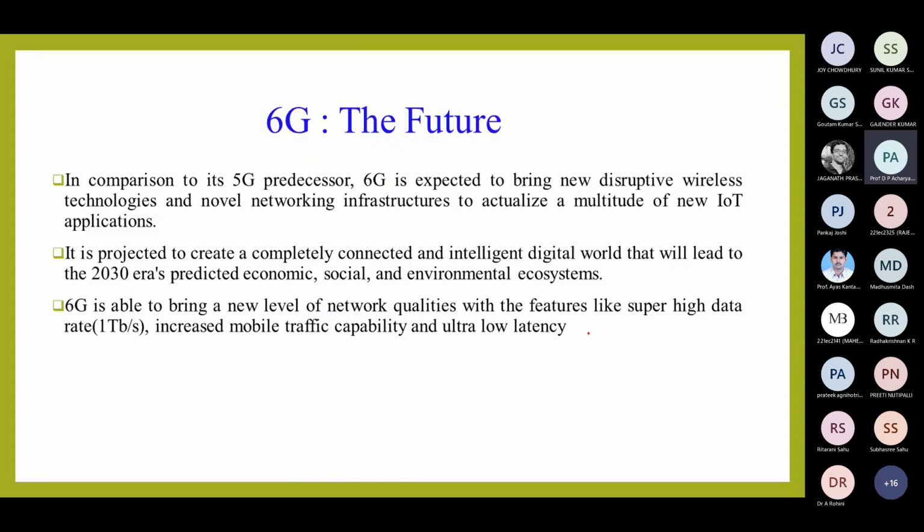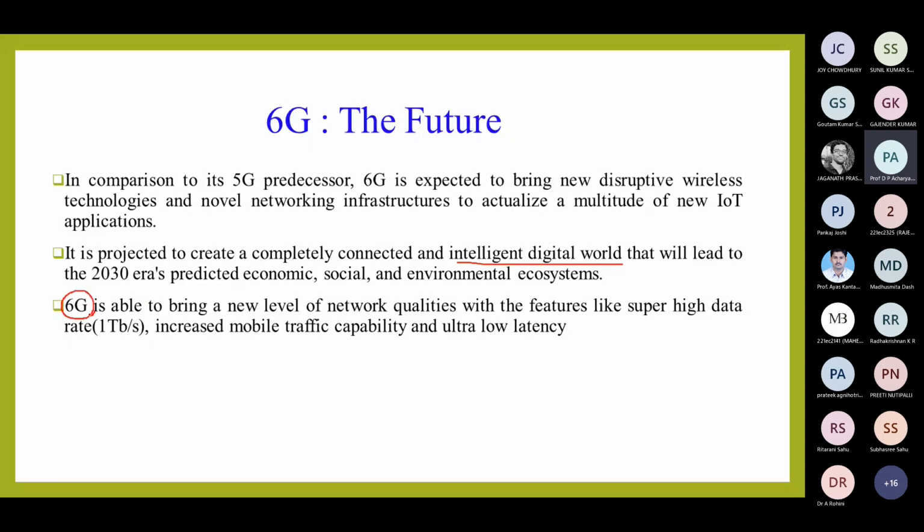That is going to create a huge requirement for IoT nodes. So by 2030, there will be a completely connected and intelligent digital world, which will have impact on our socio-economic and environmental systems, and this can be only addressed by 6th generation communication protocols.